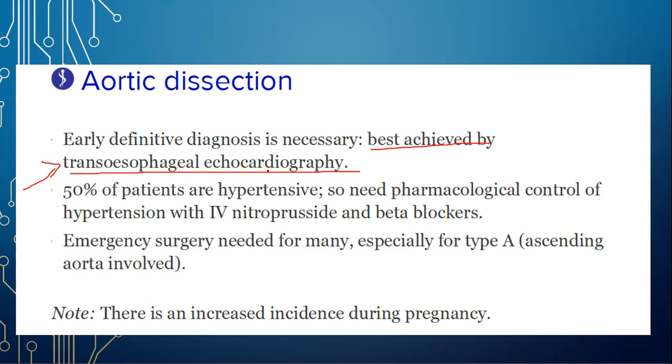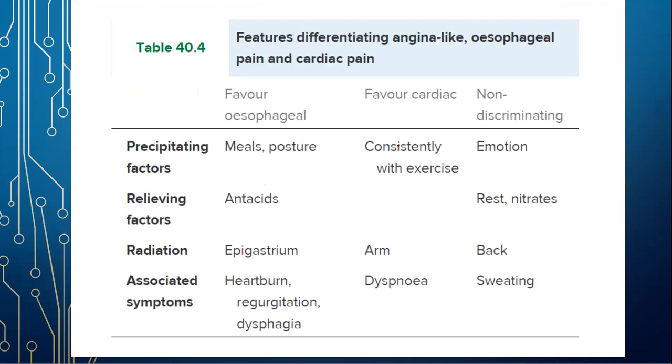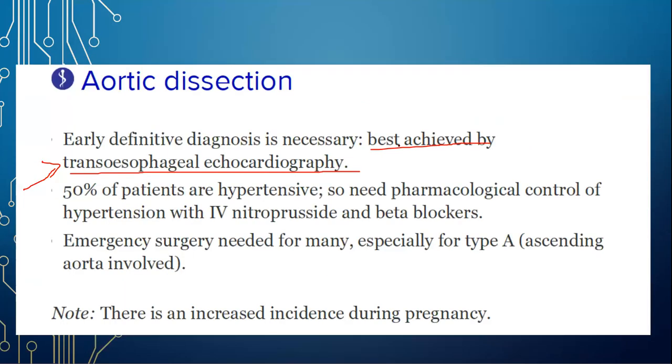In aortic dissection, most of the patients will be hypertensive. So you need to treat the hypertension in those patients. Now the management is very important. Remember, aortic dissection comes in the exam many times, mainly with the management. See, this is your aorta, right?